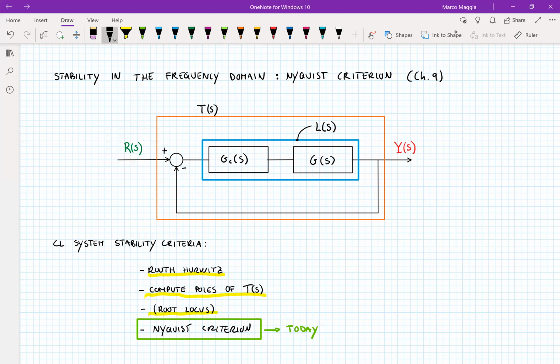And moreover, not only will we be able to assess the stability of the closed loop system by looking at these magical Nyquist plots, but as we will see next time, we can also see from the plot itself the stability margins.